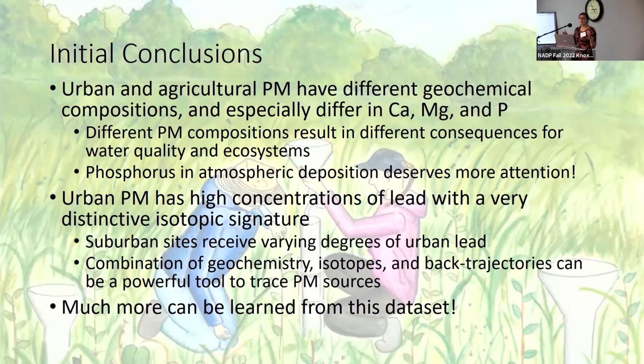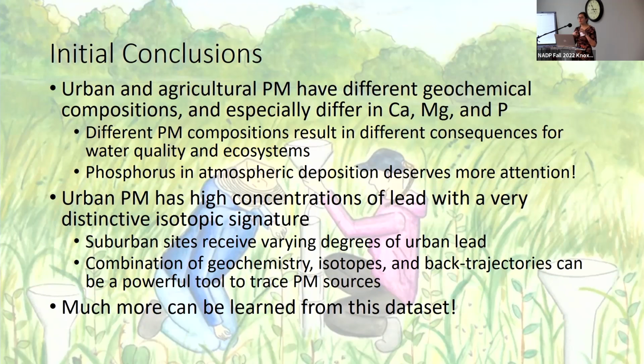They have a bit of a buffer, because the exact sites where the collectors are located are mostly restored prairies. And so I think it's good that these are not located directly next to a road.